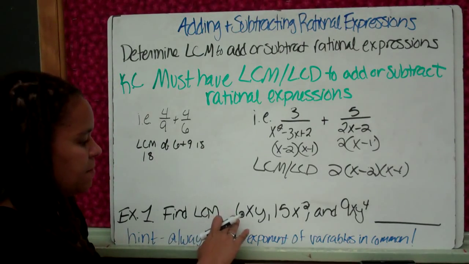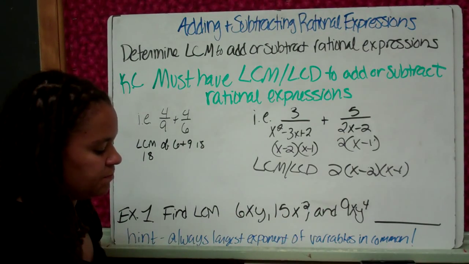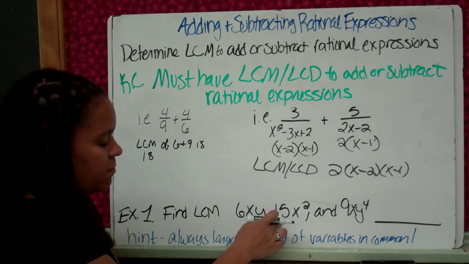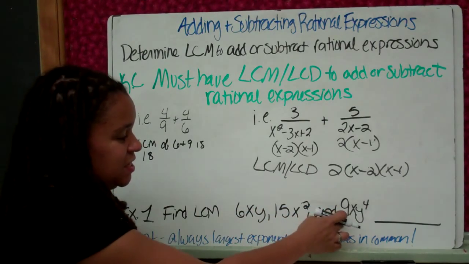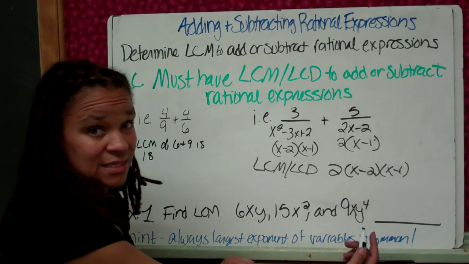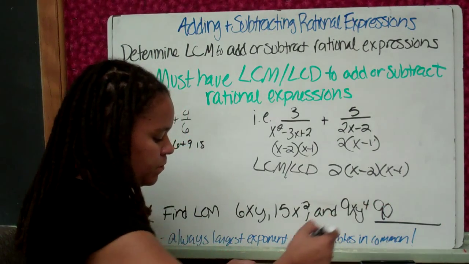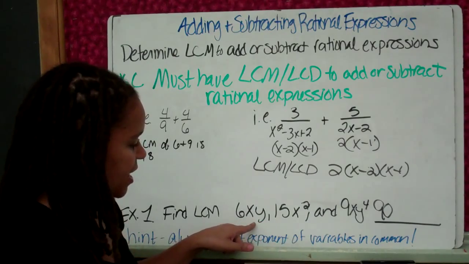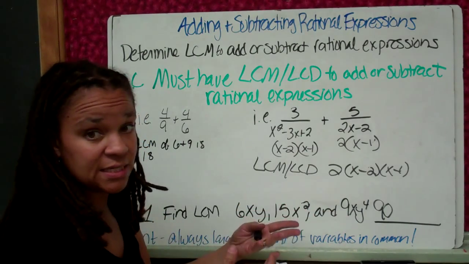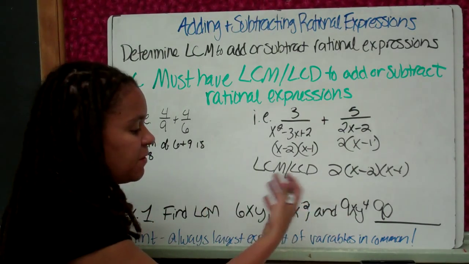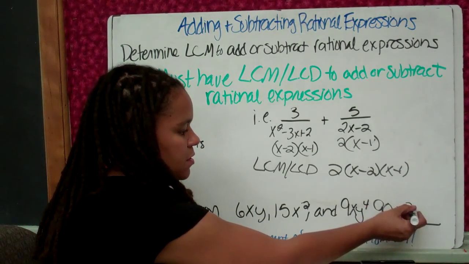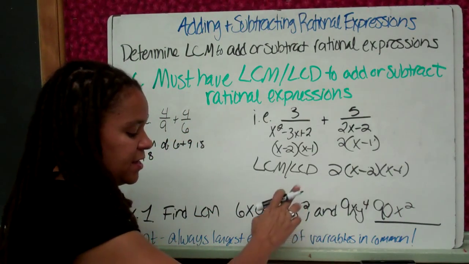Okay, so find the least common multiple of these three expressions. Let's look at the coefficients, 6, 15, and 9. The least that all of those go into is 90. And then we have an x squared and an x. The least that any one of them could fit into would be x squared, because I need at least an x squared for that to fit.